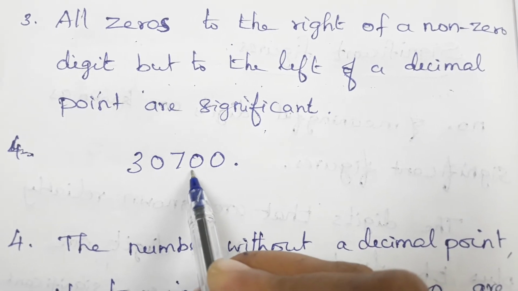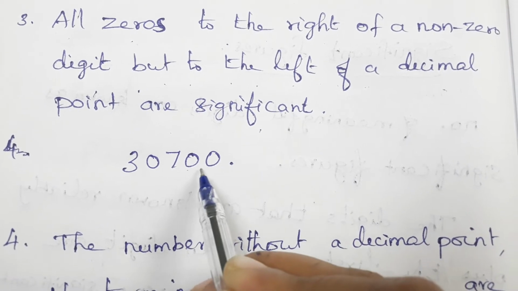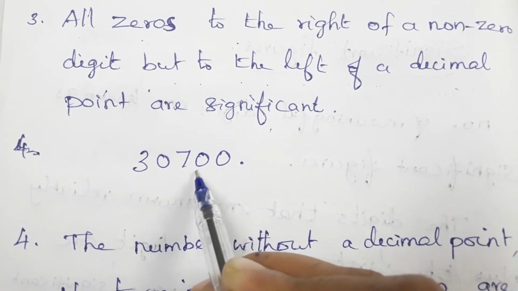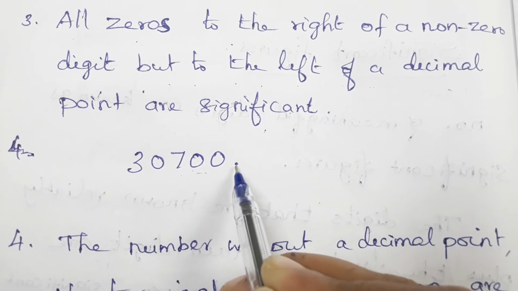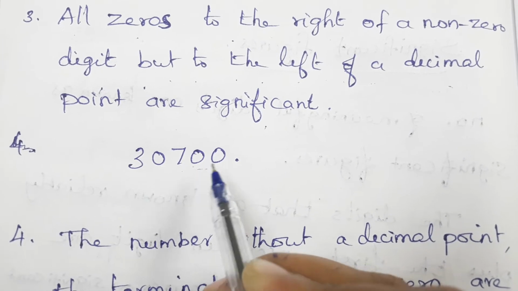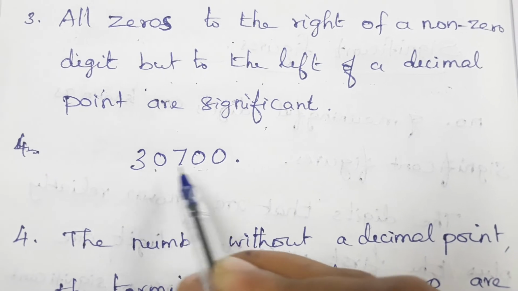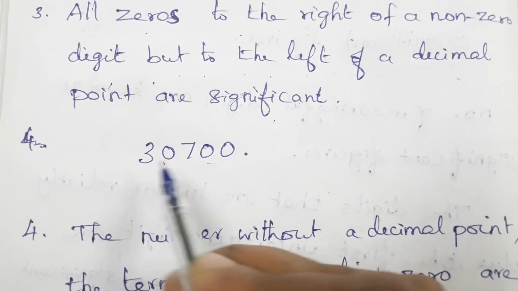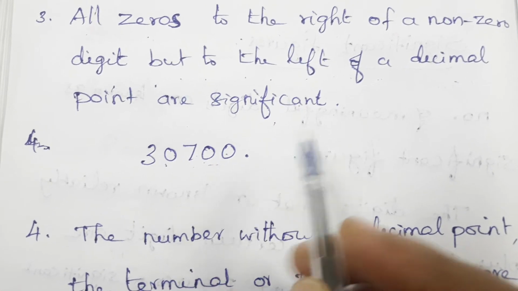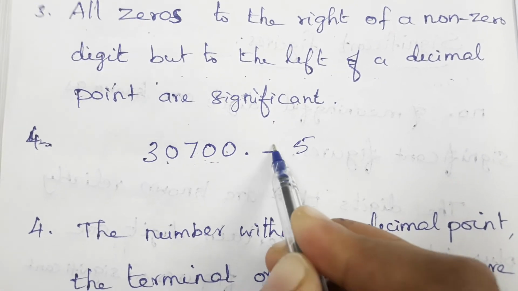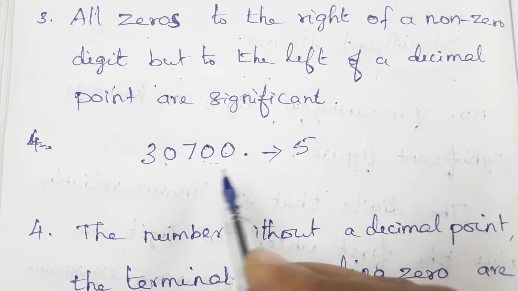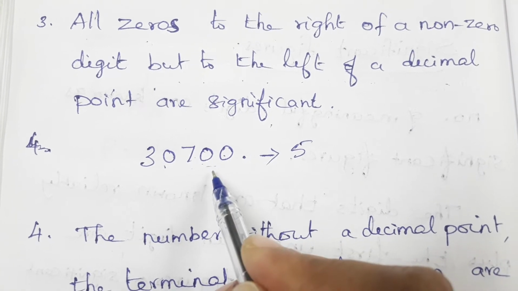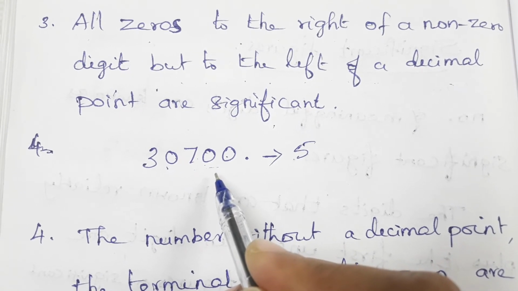Here this is already significant, and these two zeros are also significant because it is a decimal point. So 1, 2, 3, 4, 5. So this number has 5 significant figures.